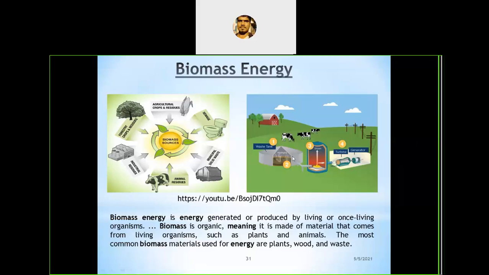Okay, this is one example. In the second picture, you can see these animals, and here a biogas tank is there. From that, we extract the biogas. Then through some processes we can convert that energy into electric energy. So this is one picture. Later I will show you how it works.